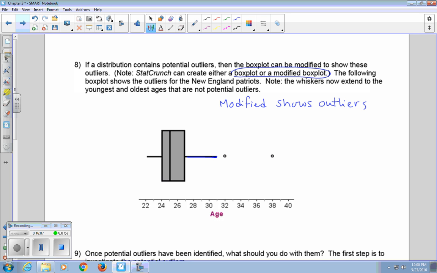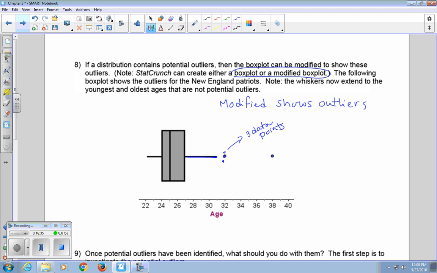And then it displays your outliers as these dots to show you, yes, this data is here, but it's so far away that we think they're possible outliers. One thing we want to be careful about is when we looked at the dot plot, there were actually 3 data points here, and so we're not seeing those 3 separate data points on this.